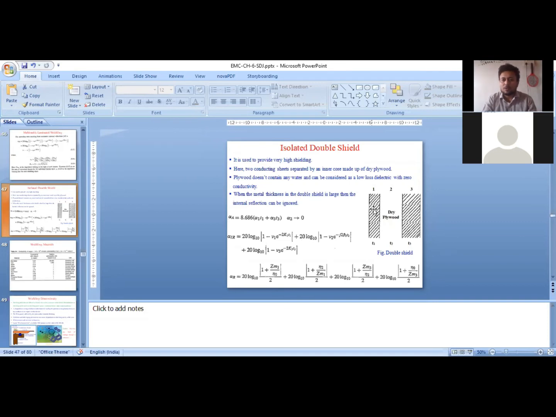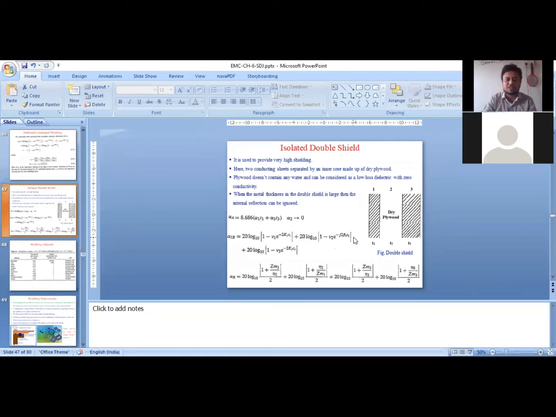This dry plywood, which we have assumed is a lossless dielectric, offers zero attenuation. Lossless dielectric means it is not offering any attenuation. So alpha 2 is not written here because alpha 2 is 0 if this medium is a lossless medium. So the only two expressions are alpha 1 T1 plus alpha 3 T3.